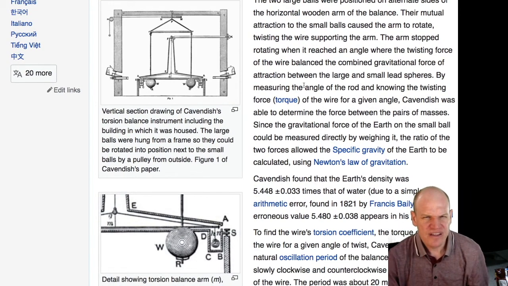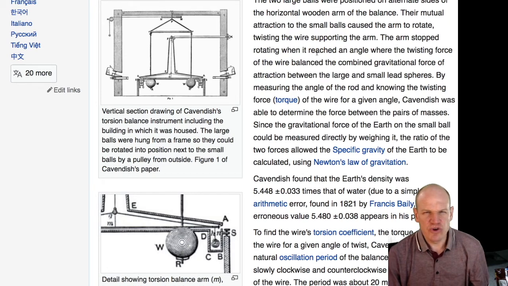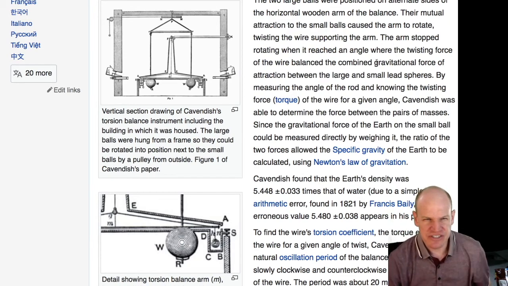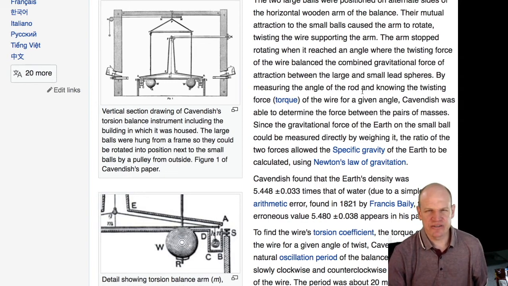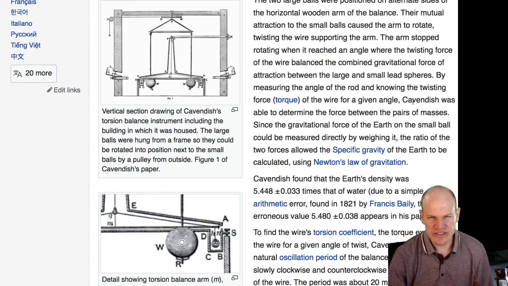Okay, so the arm stopped rotating when it reached an angle where the twisting force of the wire balanced the combined gravitational force of the attraction between the large and small spheres. So this is a large sphere, this would be a small sphere right here. By measuring the angle of the rod and knowing the twisting force, the torque of the wire for a given angle, which is fairly easy to do, Cavendish was able to determine the force between the pair of masses.